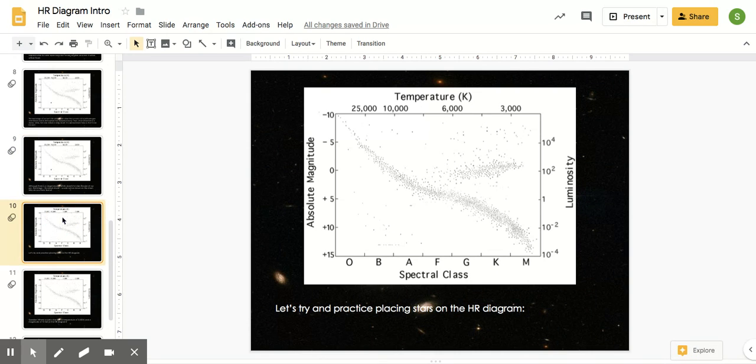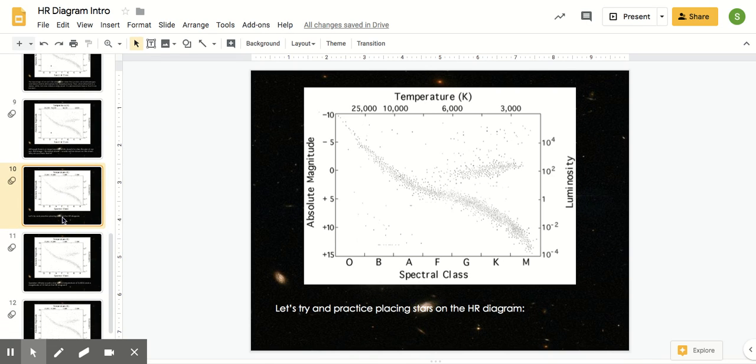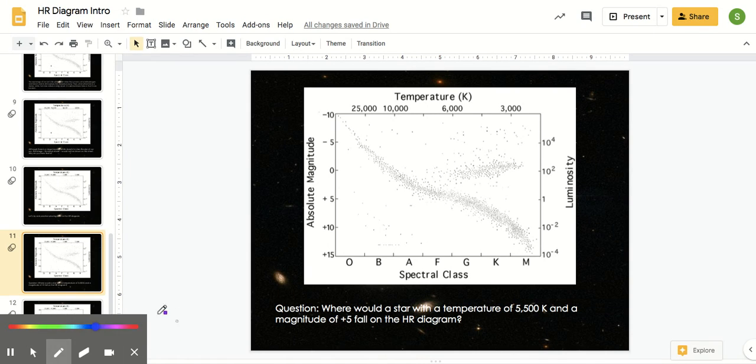So let's take a second and try and practice placing some stars on an HR diagram based off of their basic characteristics. So where would a star with a temperature of 5,500 degrees Kelvin and a magnitude of +5 fall on the HR diagram?